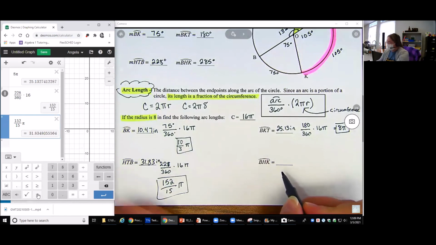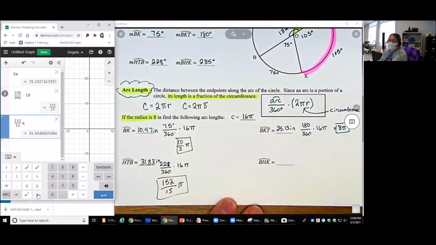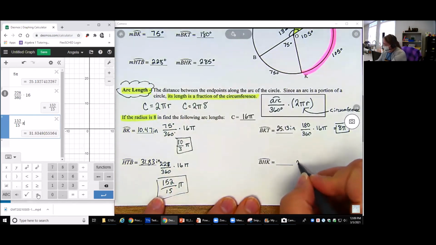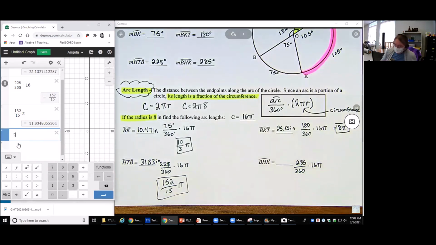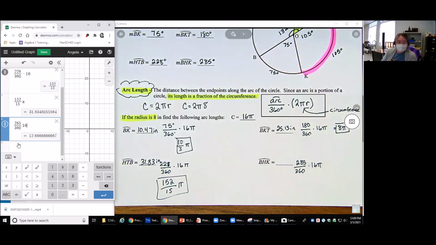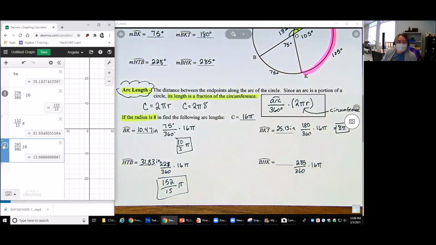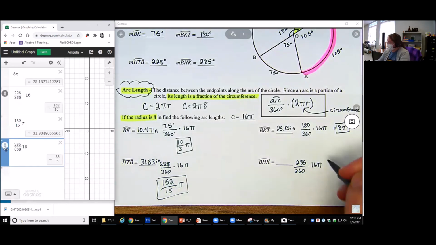All right, last one, BHK, we said it was 285 degrees. So 285 divided by 360 times 16 pi. Let's go ahead and put that in the calculator. Times 16, and as a fraction, we get 38 over 3 pi.